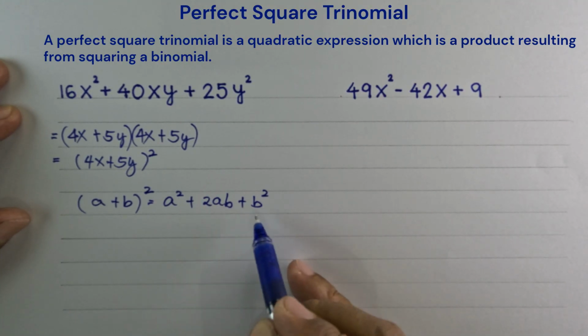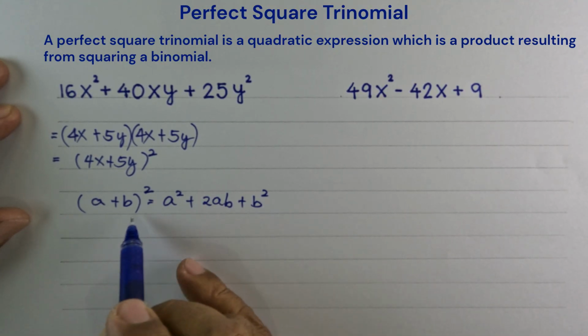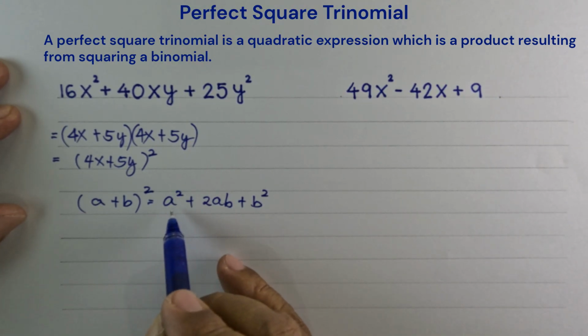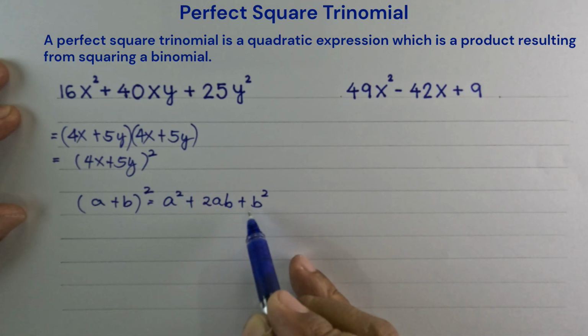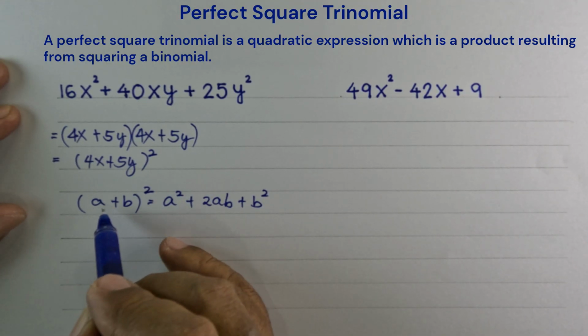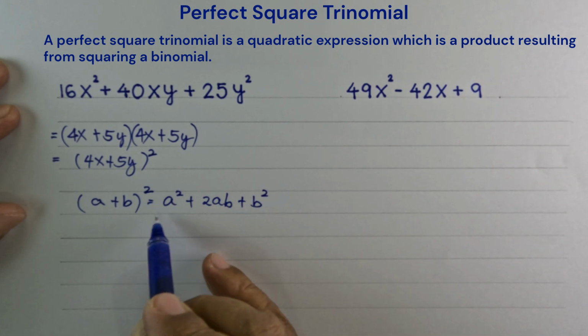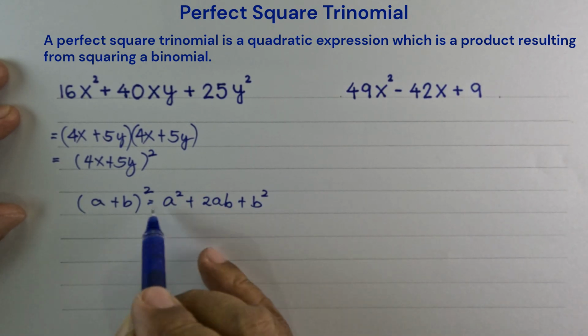Now, this is a basic example of a perfect square trinomial, just like this. If we square a binomial, the result would be a perfect square trinomial.